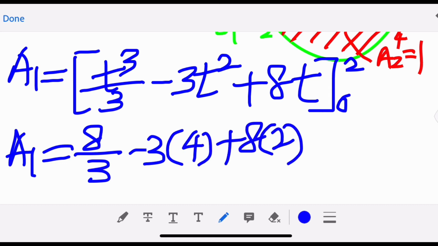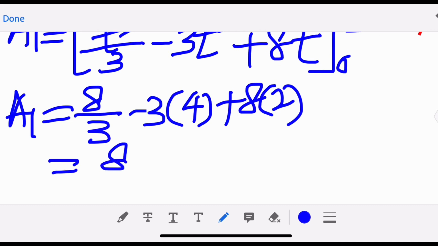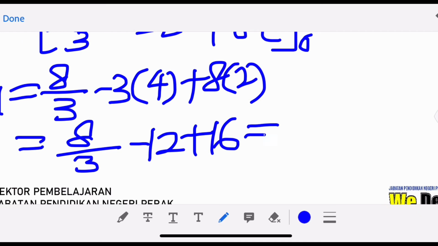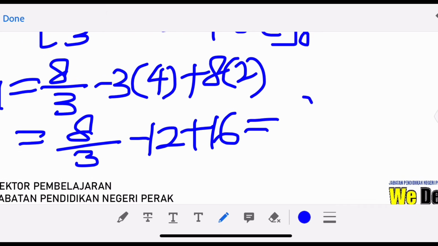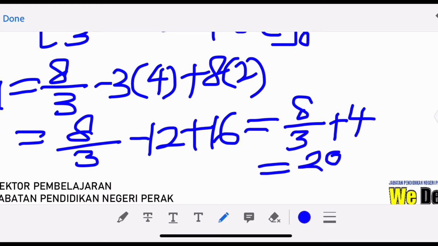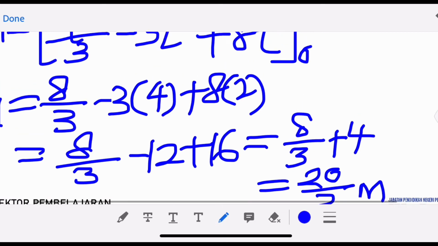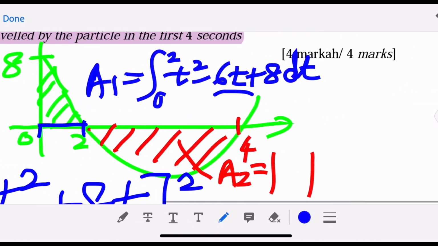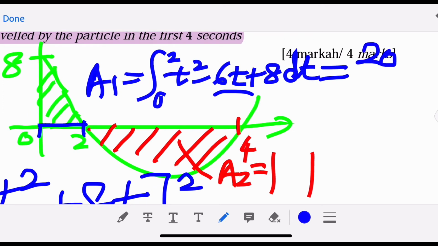Okay, we have minus 12 plus 16. So A1 is 8 over 3 plus 4, so it will be 20 over 3 meter. This area, area means distance, is 20 over 3 meter, a positive value for area 1.